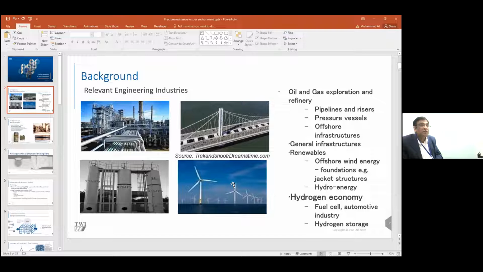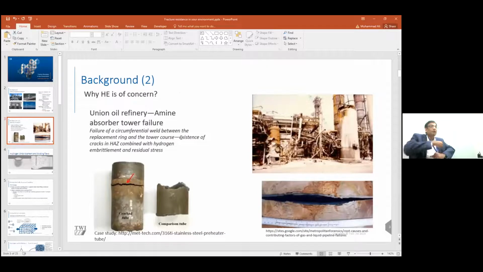It can also occur for structures or containers used to store hydrogen, if the situation is such that atomic hydrogen can ingress into the material and embrittle the component. There are several historical examples of failure under sour service conditions or hydrogen embrittling conditions.